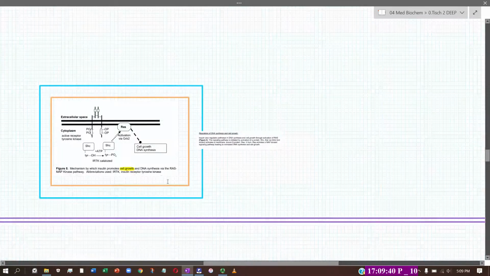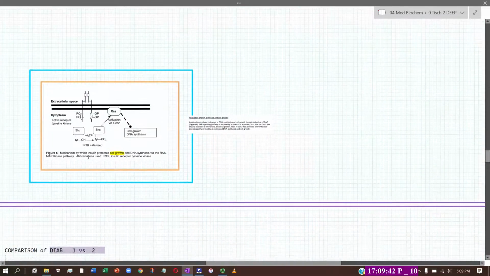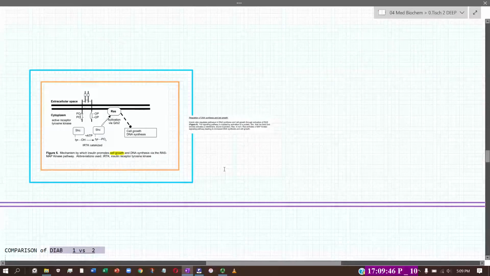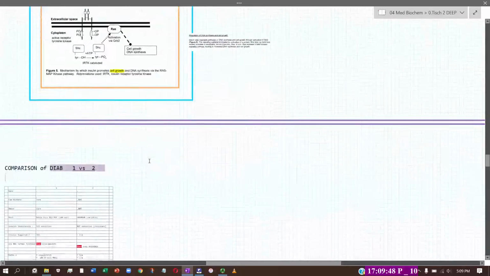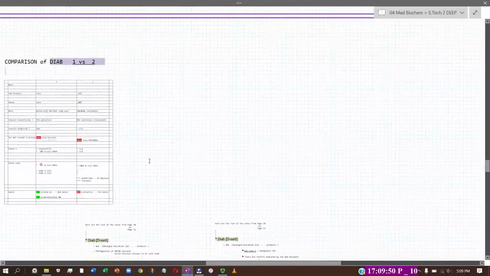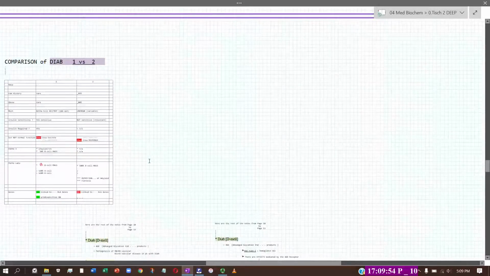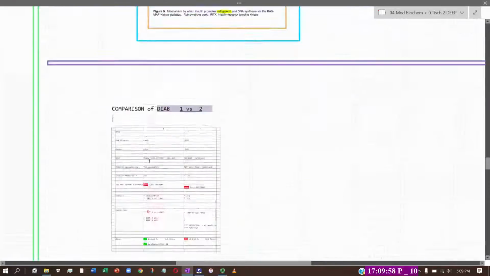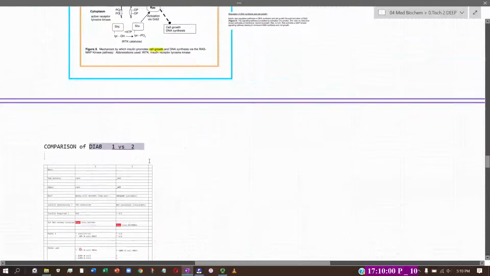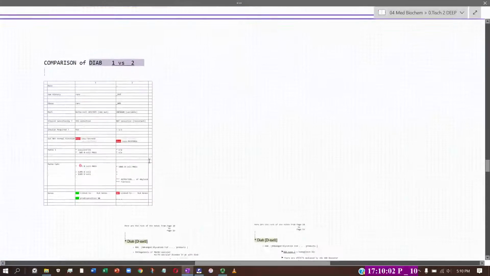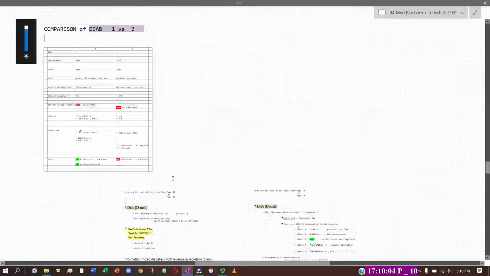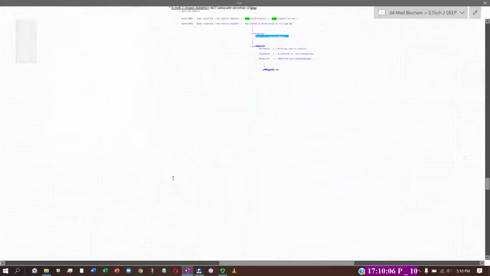Finally, figure 5 was this mechanism by which insulin promotes cell growth. And at the end, there were a lot of pages which did not have any figures associated with them. They were tables, so for those several last pages, I just made this separate section because there were no figures associated with it.